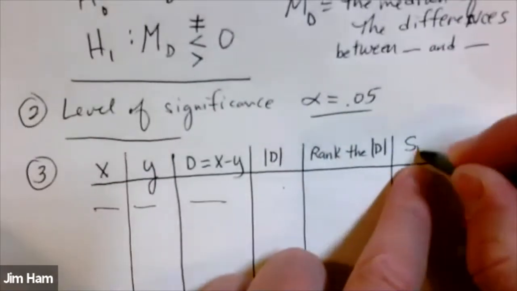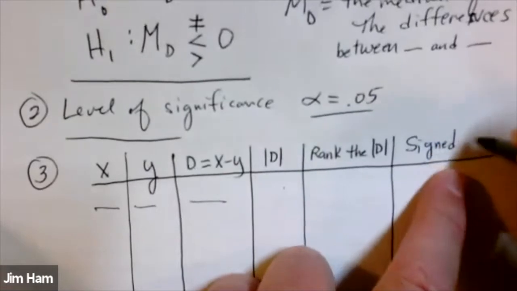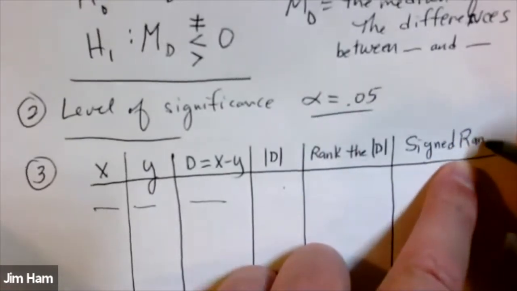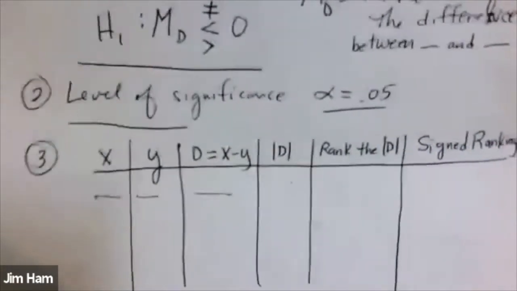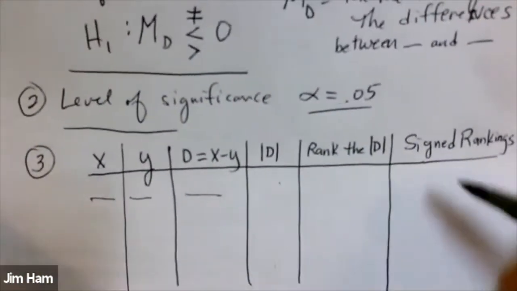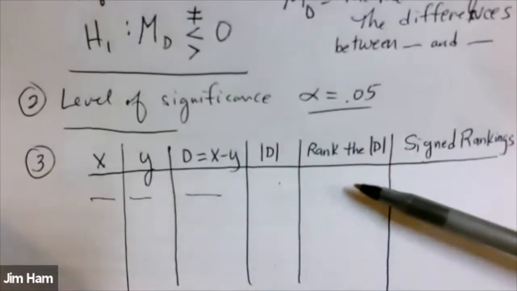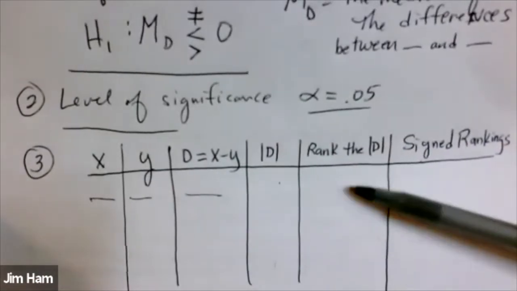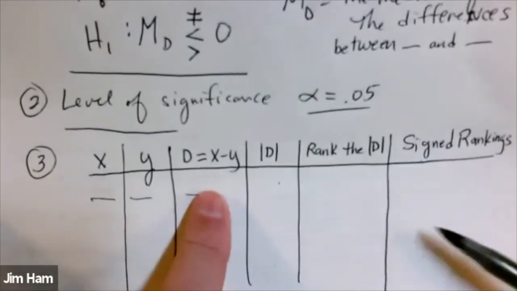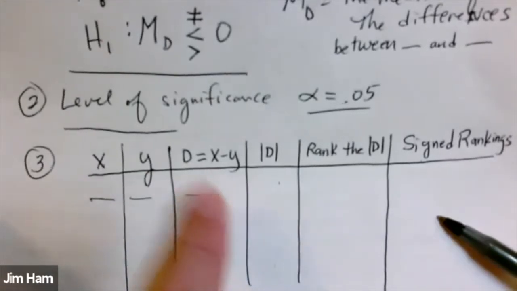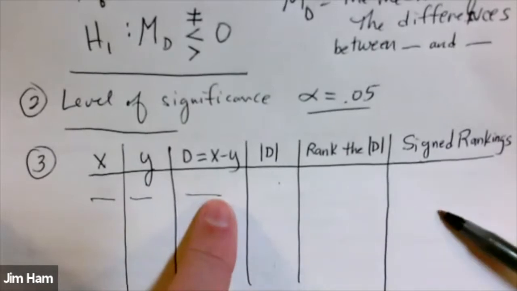And then finally, you're going to have here the signed rankings. So what we're going to do here is take all of these rankings and bring them over. But if the difference here was negative, then we're going to switch the sign over here to a negative. If the difference was positive, we're going to leave this one as a positive.